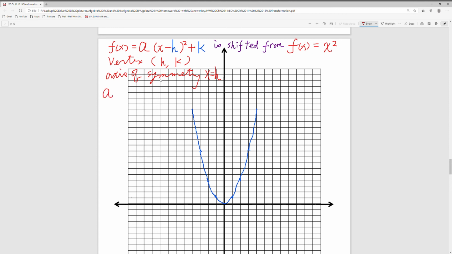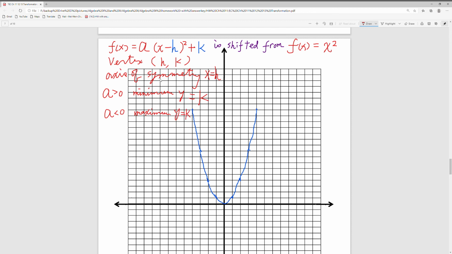When a is positive, you have a minimum y equals k. And when a is negative, you have a maximum, y also equals k.